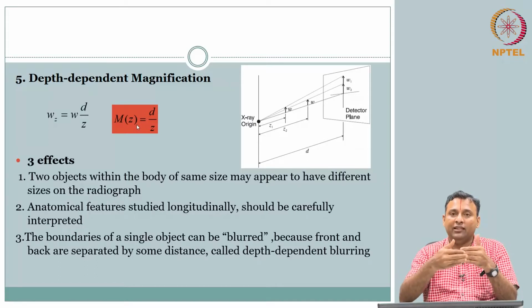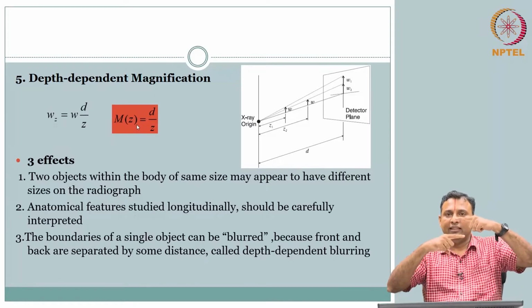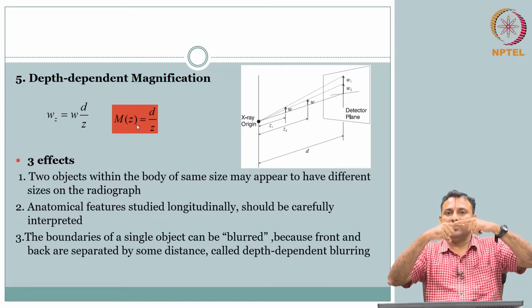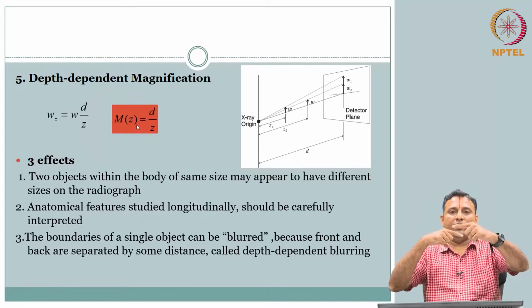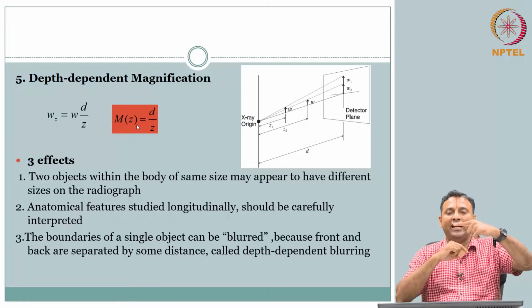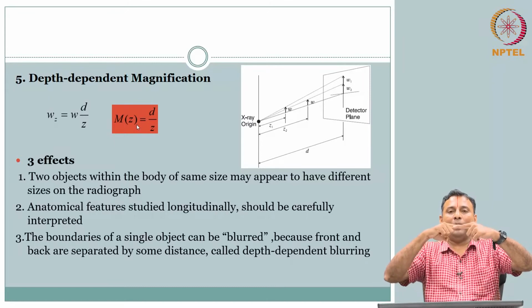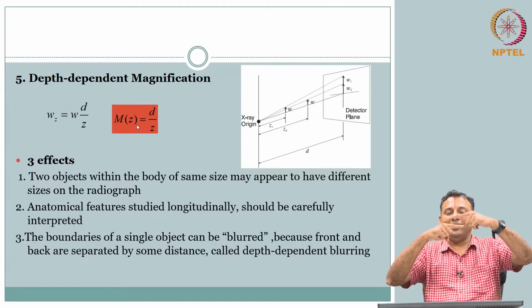So the two edges, which were the same and, if you project it, should have been a line, are one behind the other, but because of the depth dependent magnification, one is going to move up on the detector.